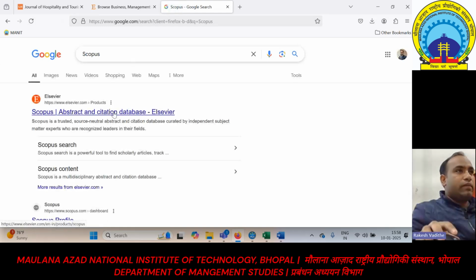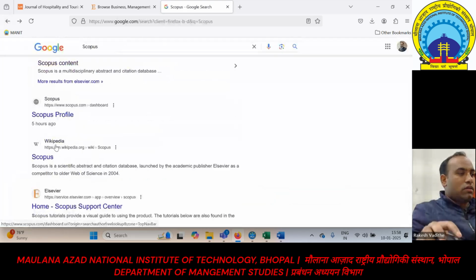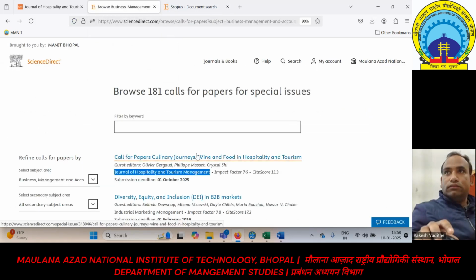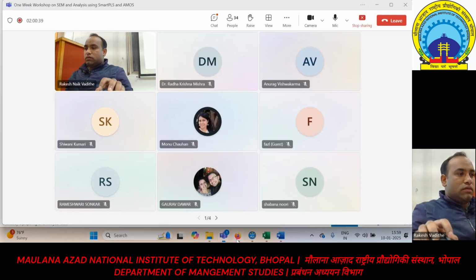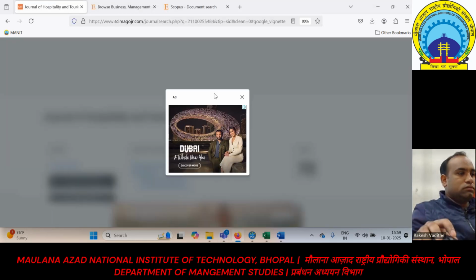Here go to the Scopus database. Press Control Tab.